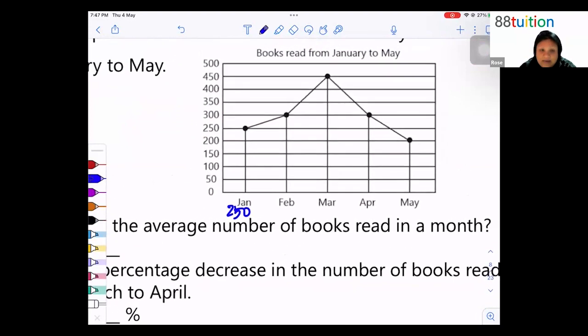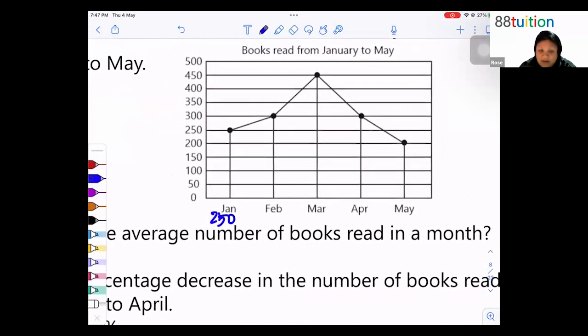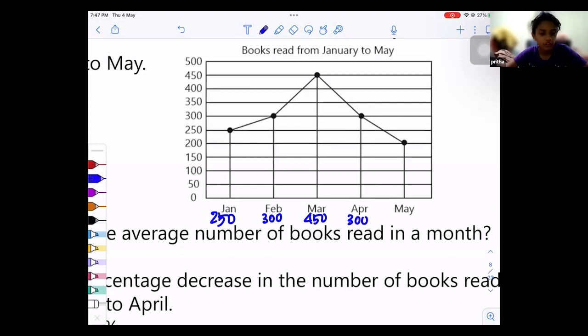So I'm going to enlarge this. Write down the values. February, how many books? 300. March, how many books? 450. Very good. April? 300. And May? 200.